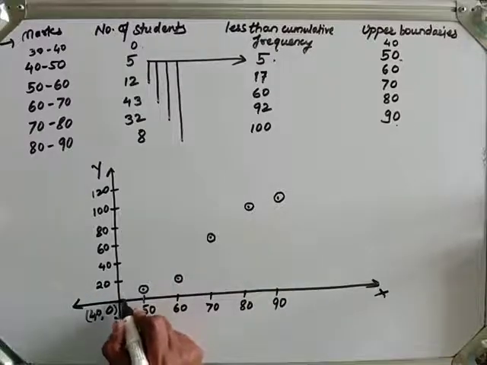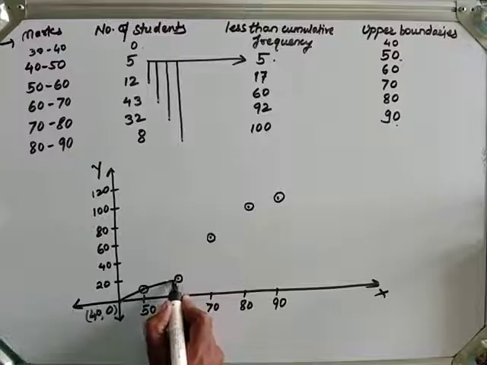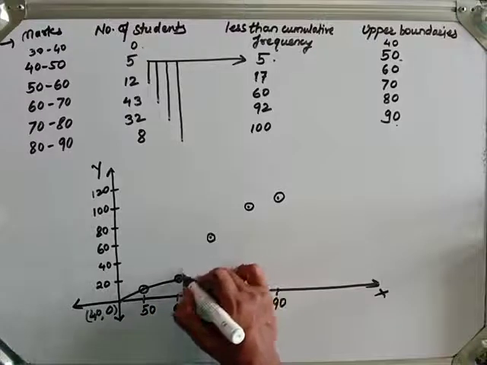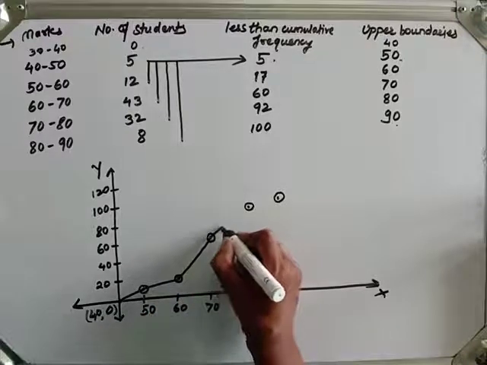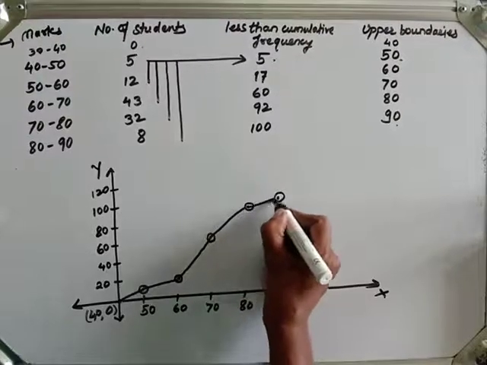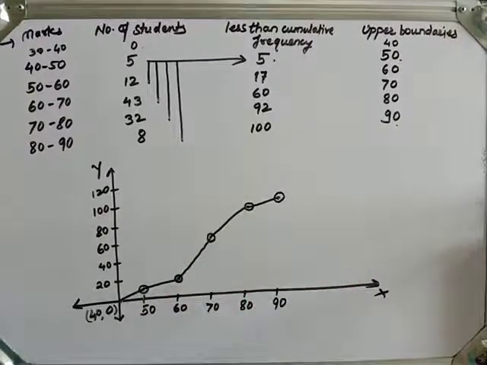I am connecting the 0 also, as it is the cumulative frequency of the preceding class, as mentioned in the theory. So this is our Ogive curve.